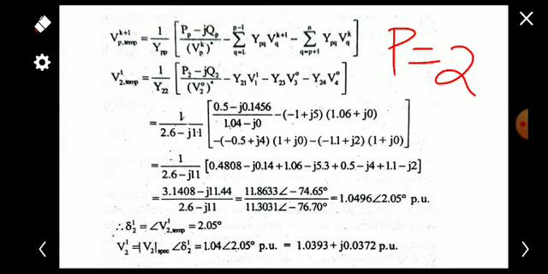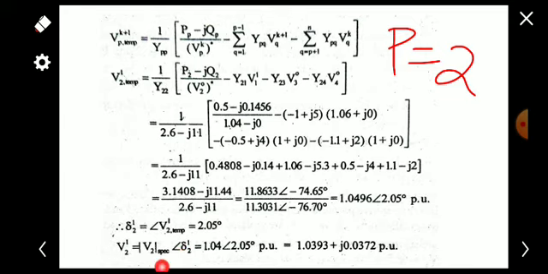After calculating, we will get these values, and we take the angle, that is 2.05 degrees, as the real angle, delta 2 dash as 2.05. So V2 dash, the first iterated value of the second bus voltage, is V2 spec angle delta 2 dash.